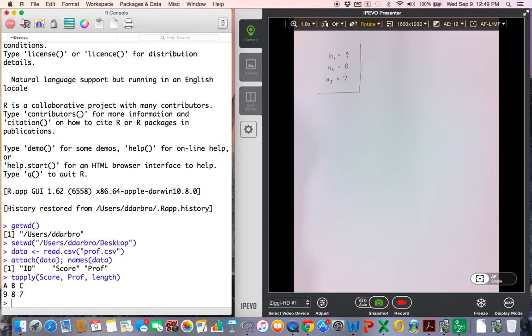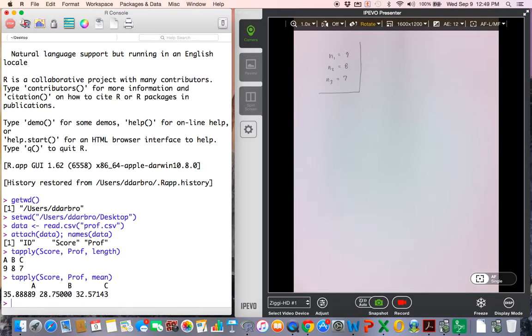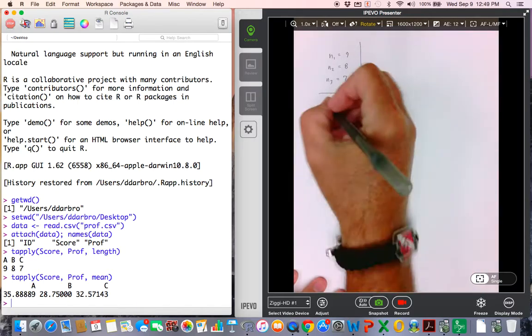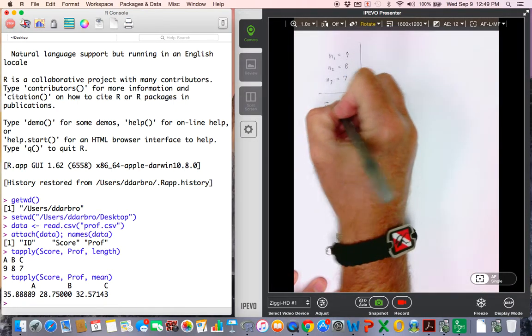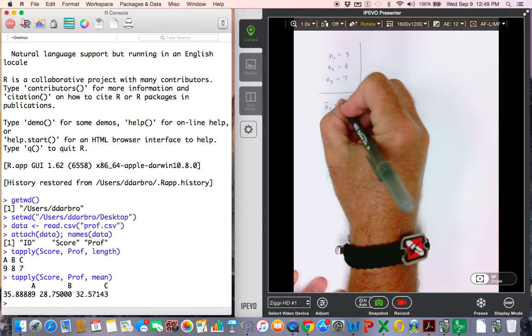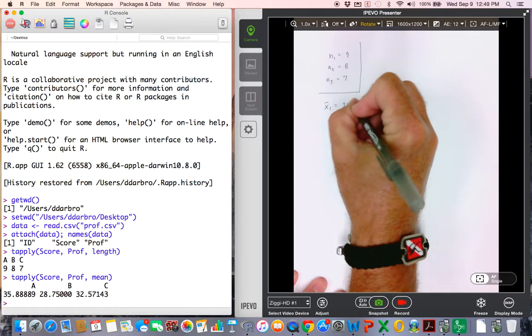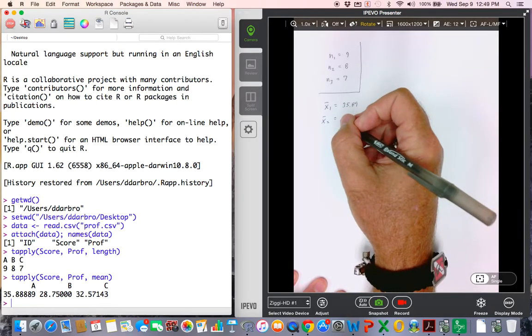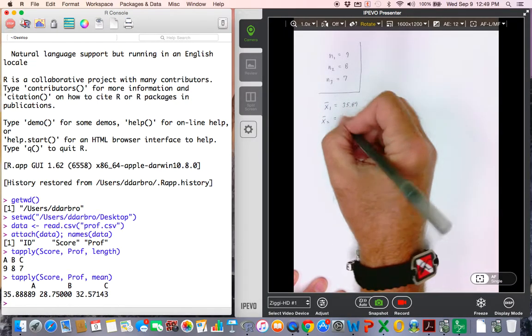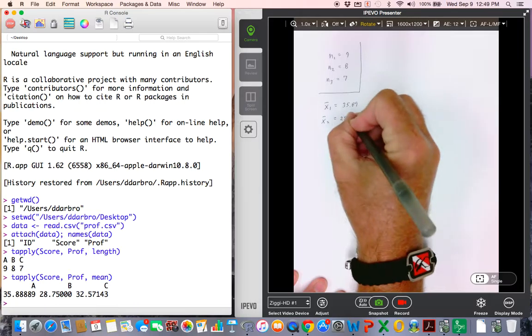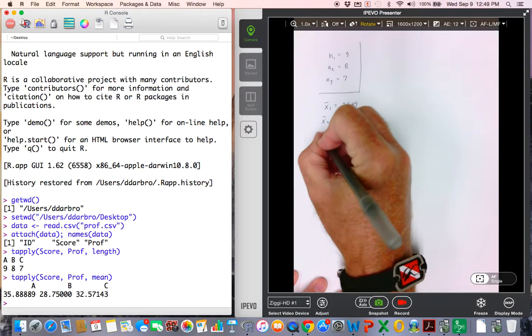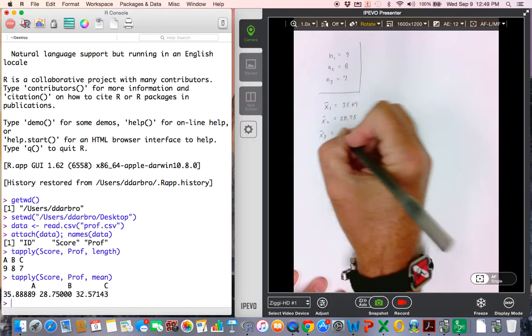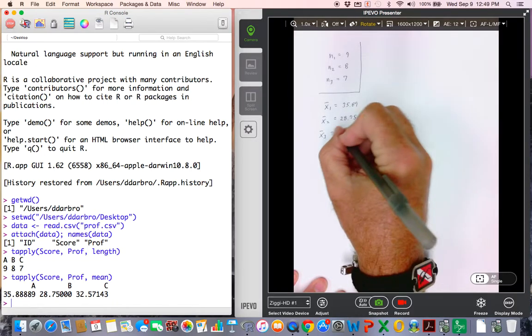All I have to do is hit the up arrow and change length to mean. So X bar 1 is 35.89. X bar 2, the sample mean for Professor B, is 28.75, and X bar 3 is 32.57.